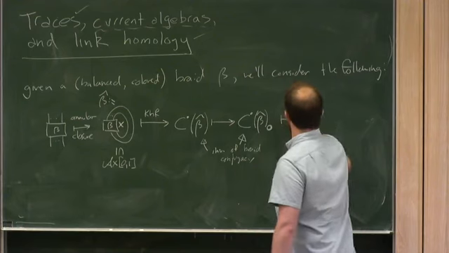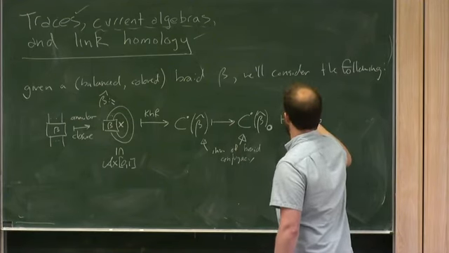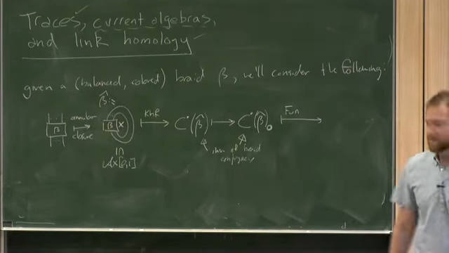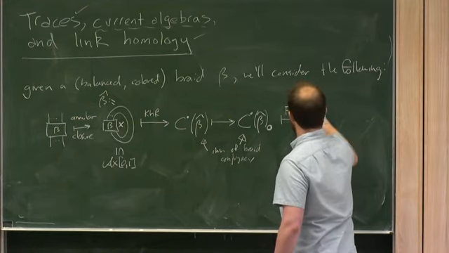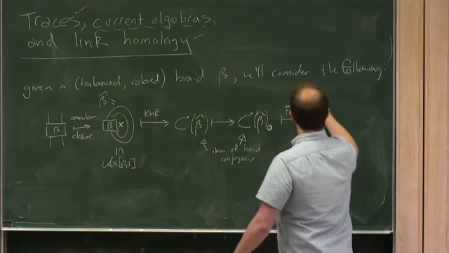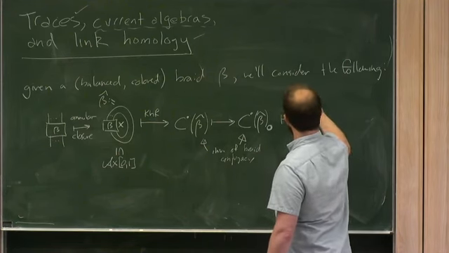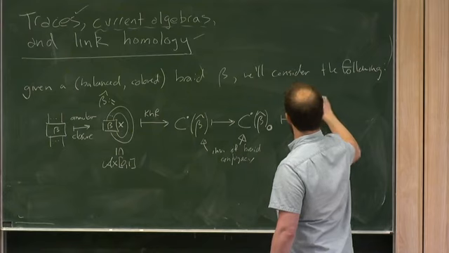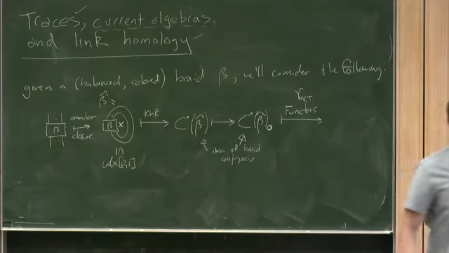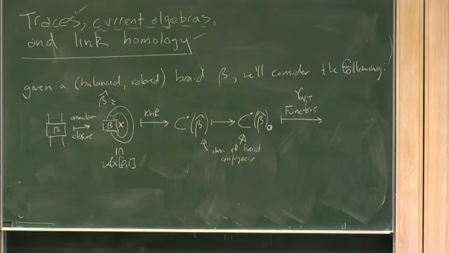And then finally, we'll have some fun. What is this fun? Well, we will have functors, which I will label Upsilon sub v and t. Those will be some parameters.